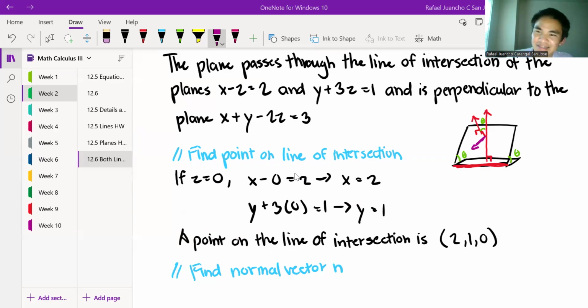Why do we need this? Okay, cool. Let's say we did get that. Now we want to find the normal vector of the plane we want, and we're told the desired plane is perpendicular to another plane that was given.